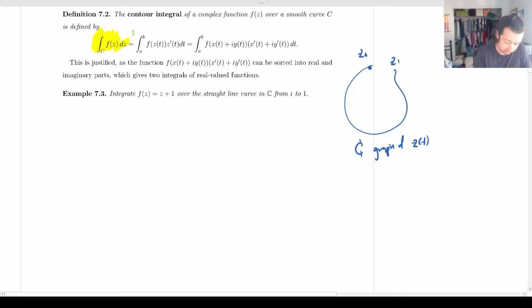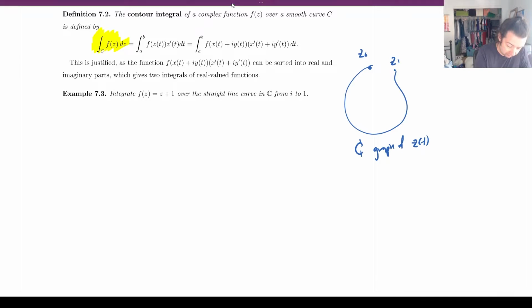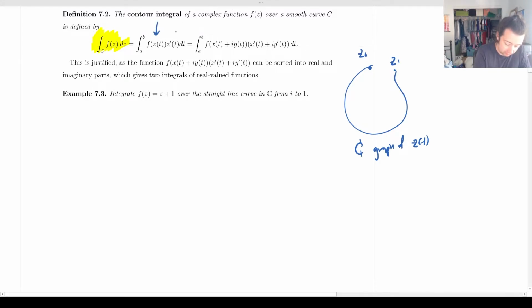This is the standard move in several variable calculus, when we do parametric integrals over parametric equations or line integrals in multivariable calculus. You plug the curve into the function, and then you have to multiply by this z prime dt term, which is how you do composition when you're doing these line integrals.